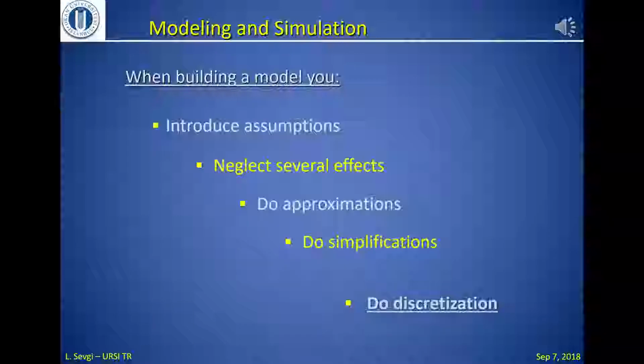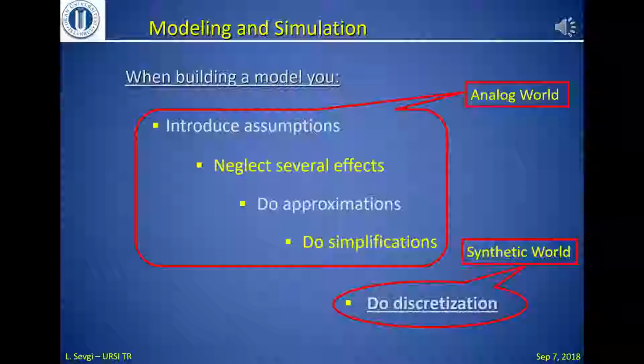Building a model means introducing approximations, assumptions, and simplifications. It also means neglecting several factors. If you use simulations, finally this means you do discretization. You have to take into account the effects of all these.